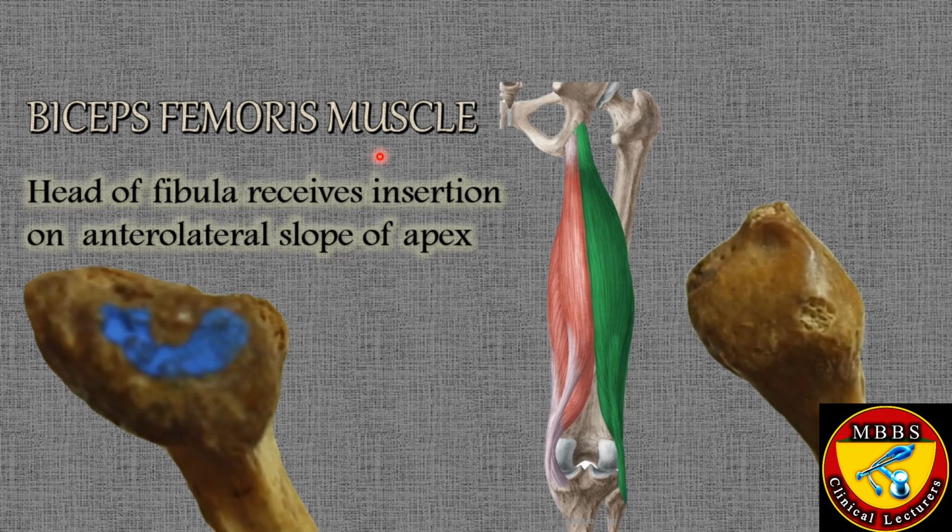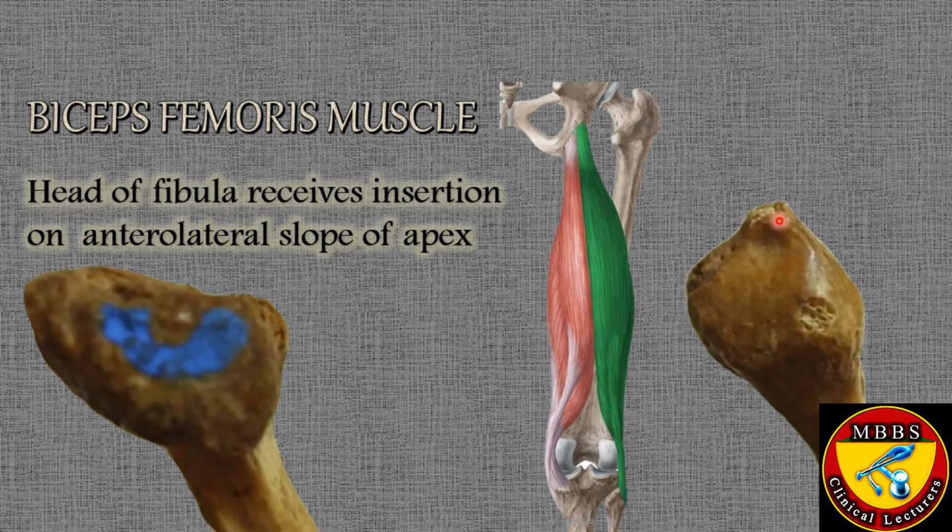Biceps femoris muscle inserts on the head of the fibula. You can say the head of the fibula receives the insertion on the anterolateral slope of the apex. Now before I give you a quiz on which surface and which structure is which: this is the circular articular surface on the superior part.